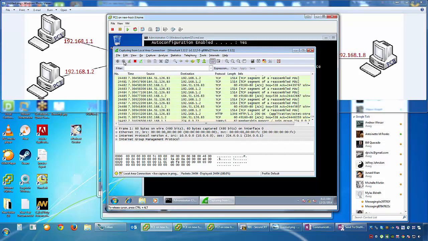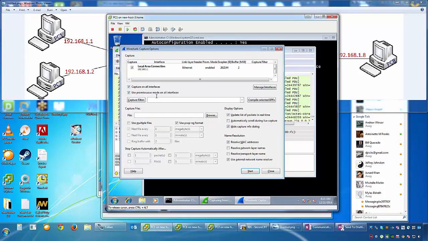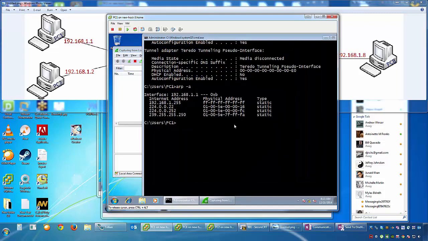So let's go ahead and change these options here. And I want to say host 192.168.1.2. I just want to look at that traffic going to 1.2, so we don't have to weed through all that traffic.